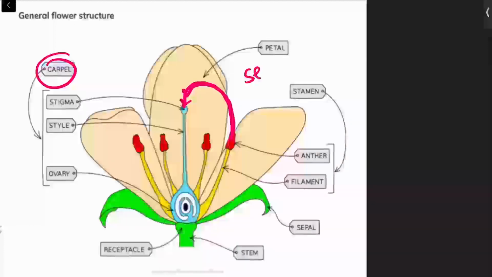This is known as self-pollination, right? Self-pollination is also when pollen is transferred from the anther of one flower on a tree to the stigma of another flower on the same tree.